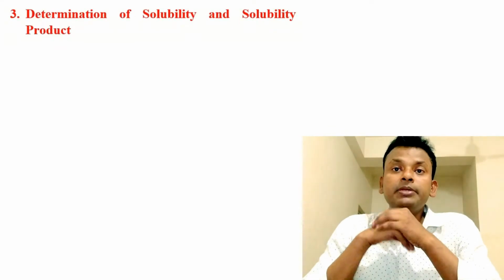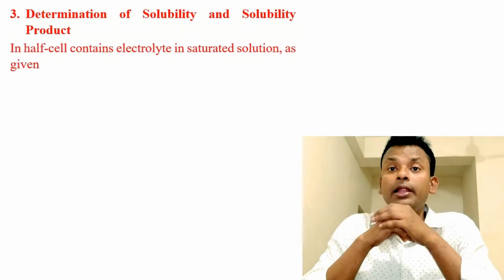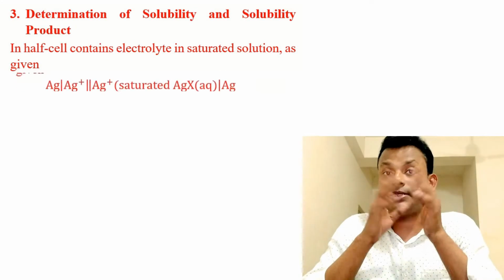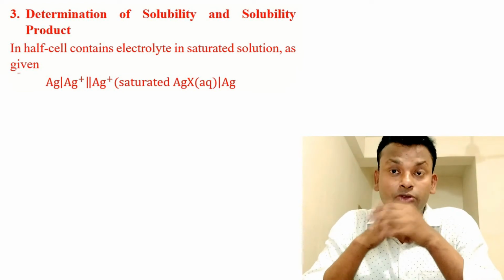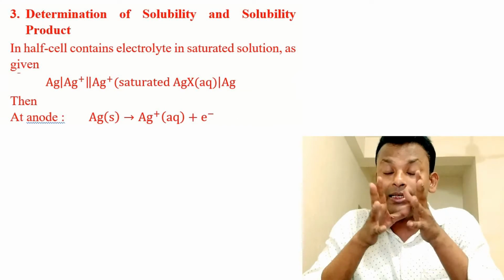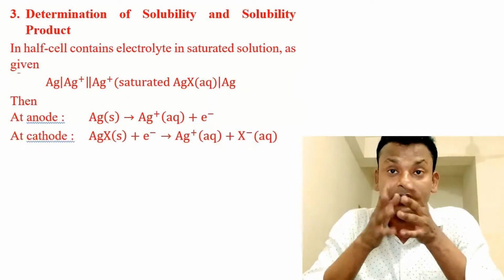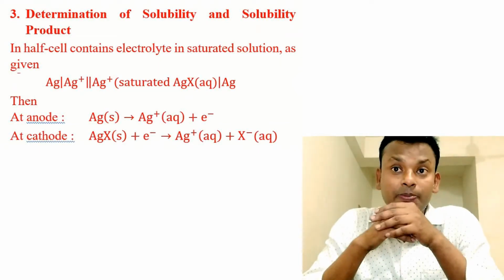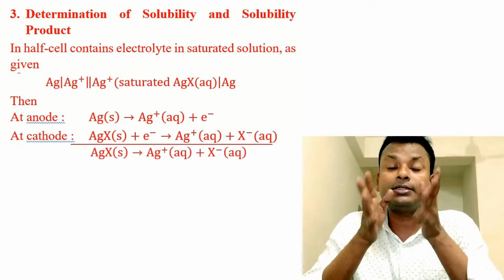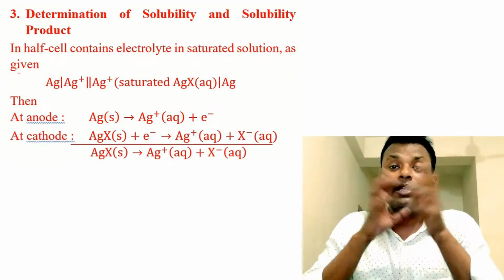Point 3. Determination of solubility and solubility product. Consider a half cell containing electrolyte in a saturated solution as given, that is Ag | Ag+ salt bridge Ag+ saturated AgX(aq) | Ag. Then at the anode, Ag solid gives Ag+ plus electron. At the cathode, AgX solid plus electron gives Ag plus Ag+ aqueous plus X- aqueous. So the overall reaction is AgX solid gives Ag+ aqueous plus X- aqueous.